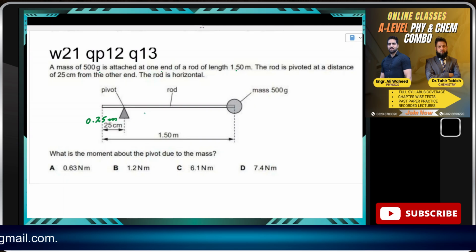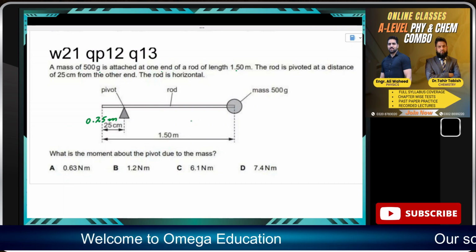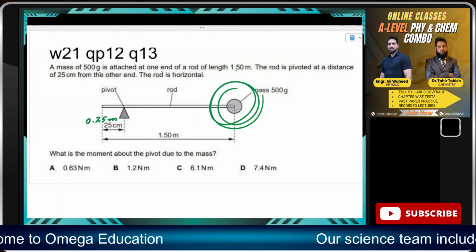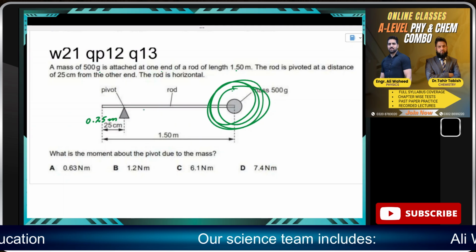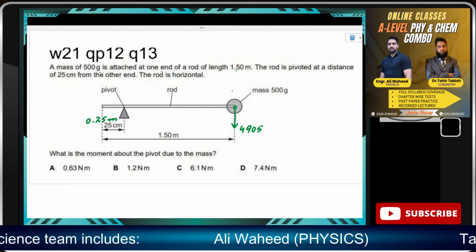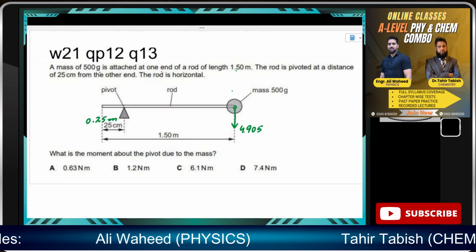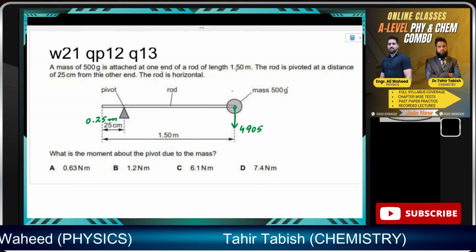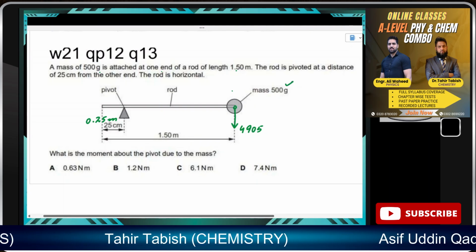So we simply need to find the moment produced by the mass about the pivot. The moment produced by this force about the pivot. But first the mass has to be divided by 1000, because it was in grams, not kilograms.